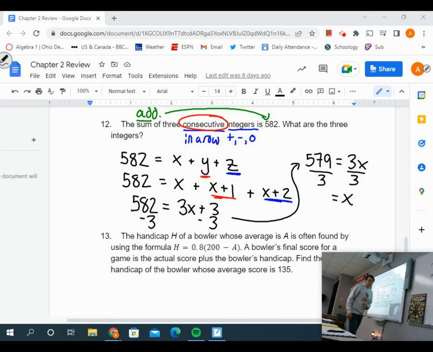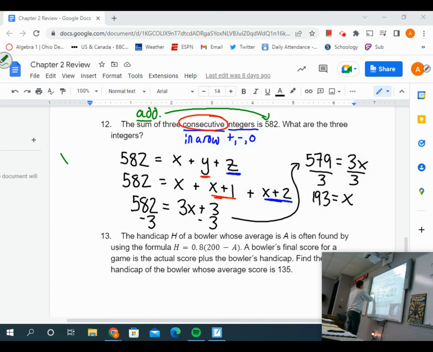And let me grab a calculator. When you do 579 divided by 3, we get 193. Now we're not done because the original question is we need to know what the three integers are.